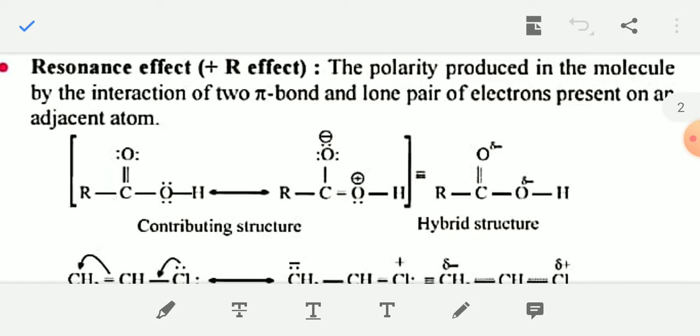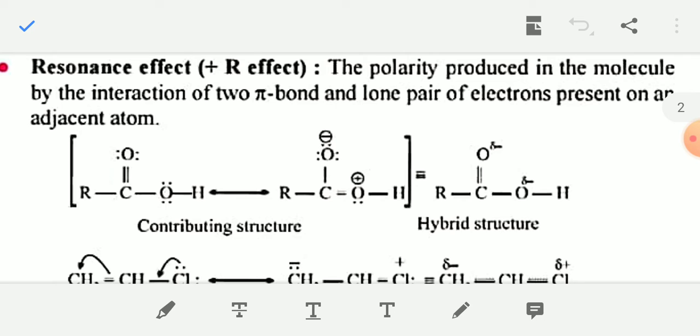Here you can see the resonating structure or contributing structure of acetic acid. In acetic acid, structure is RC double bond O OH, and oxygen has two lone pairs of electron.